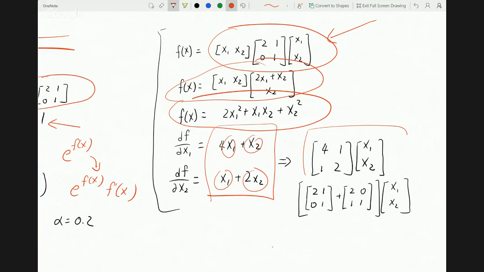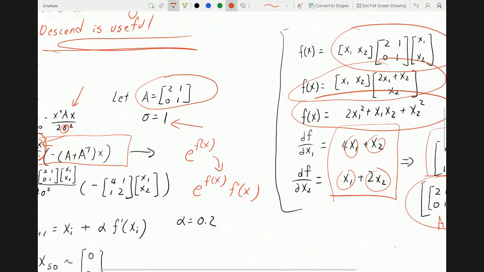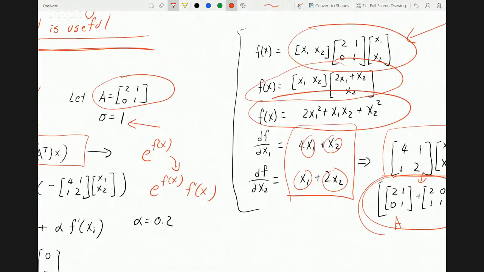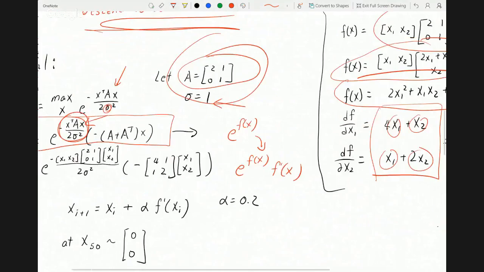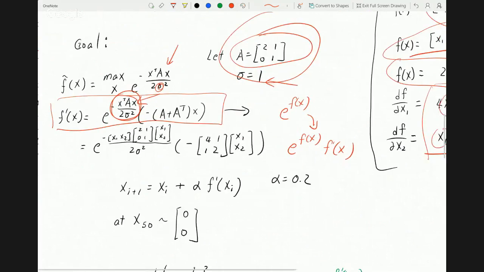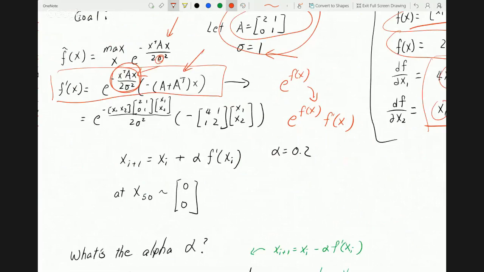Now, you have this, which is the same written this way. Notice this is just A, see? A here, A here. This is just A, and this one's A transpose. A plus A transpose, and then this is the x. And that's how I got this equation here, A transpose x.